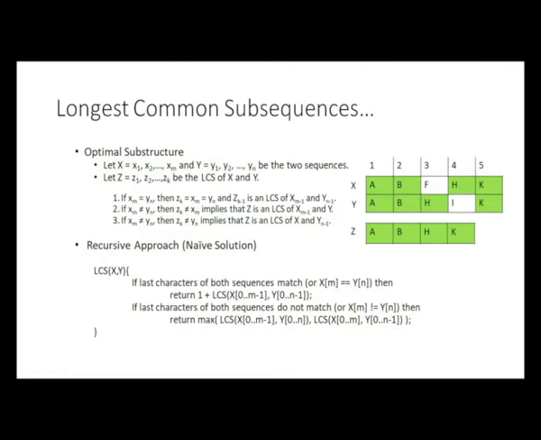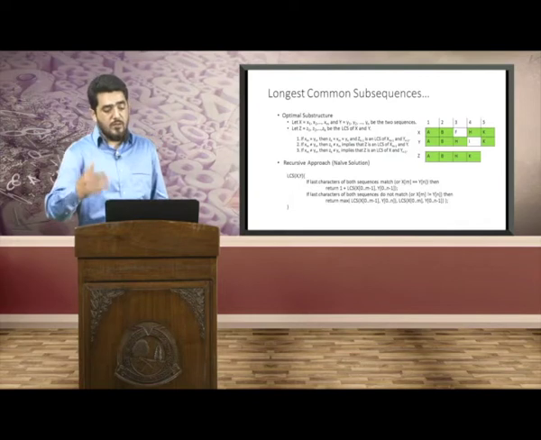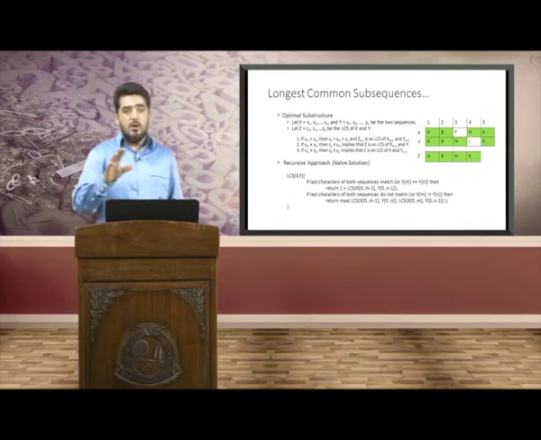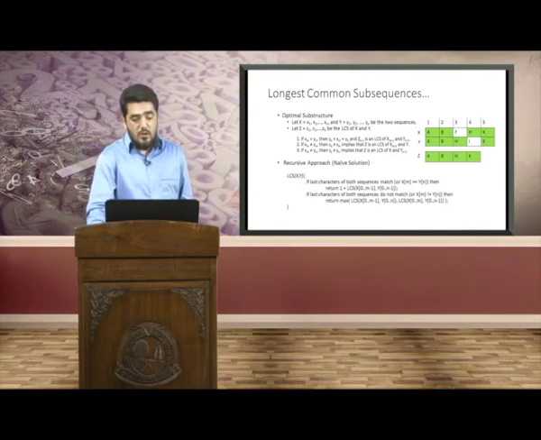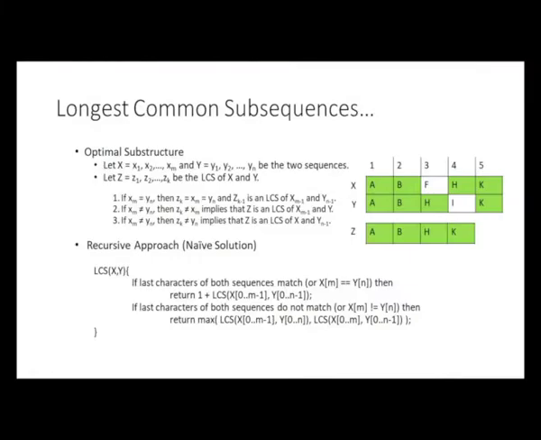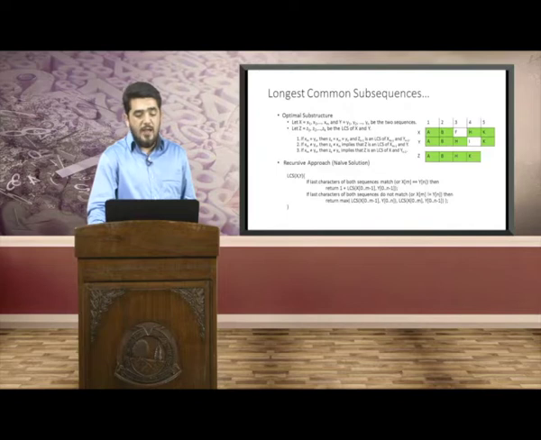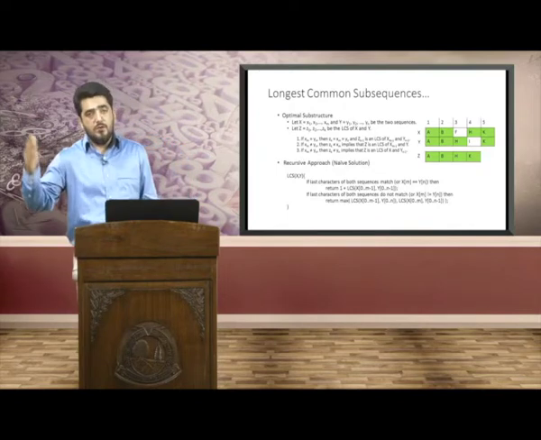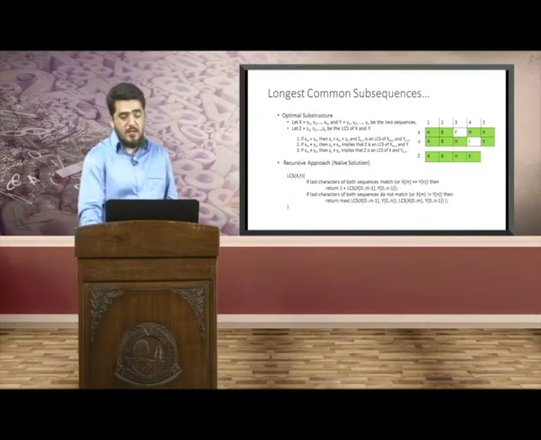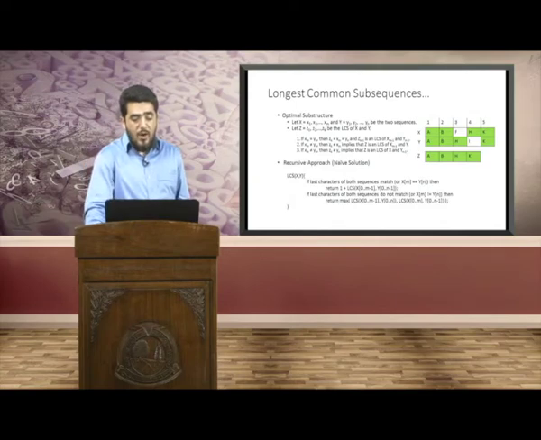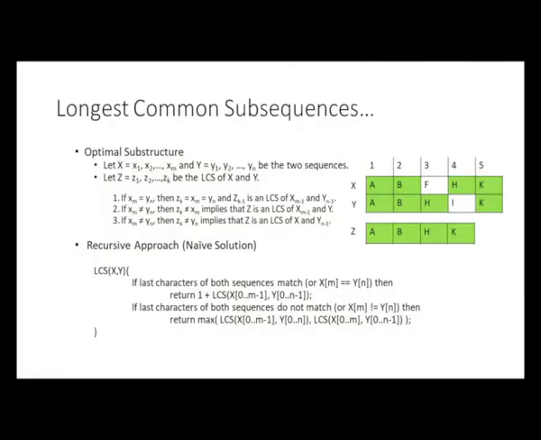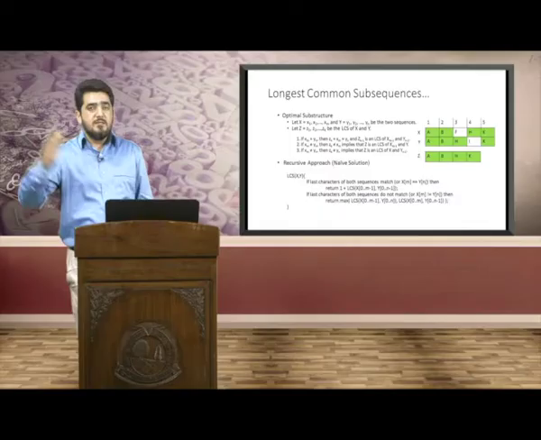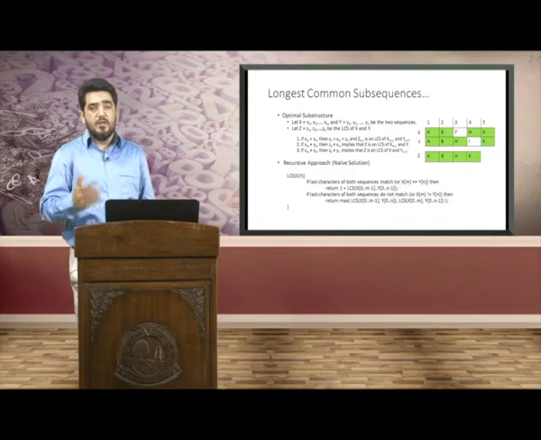Given two input sequences x and y, the length of the longest common subsequence of these two input sequences would be something like this. If the last characters of both the sequences match, or in other words, x of m is equal to y of n, meaning the last characters here match, then we'll return 1 plus the longest common subsequence of x and y with last characters truncated for both the input sequences.